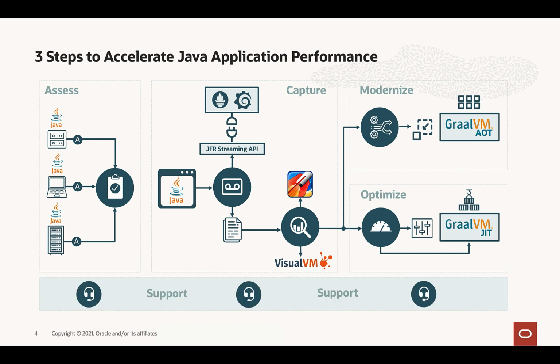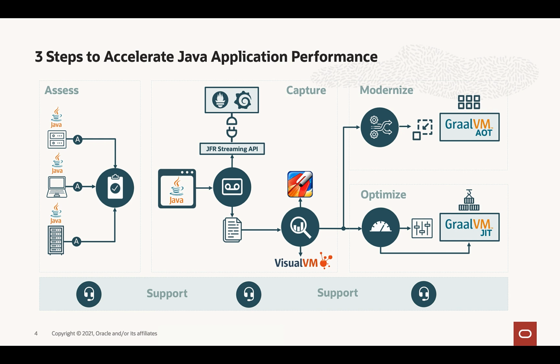And finally, as I mentioned earlier, there are a number of benefits to adopting this 3-step approach, but certainly there is one advantage that enables the success of each step, and that's support. So with your Java SE subscription, you gain access to performance, scalability, security updates directly from Oracle. You get access to Oracle Java SE versions, even past their end of public updates.